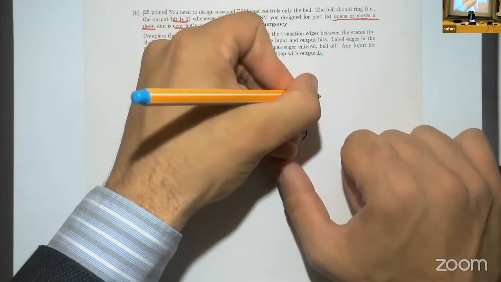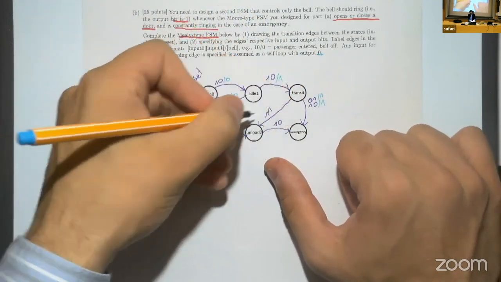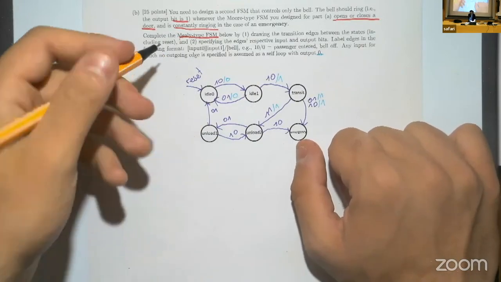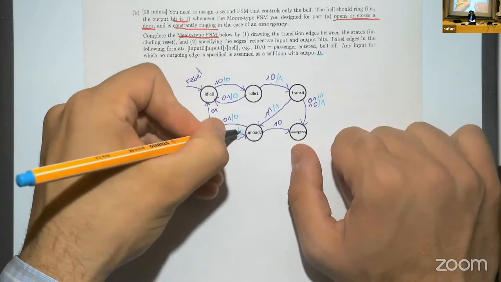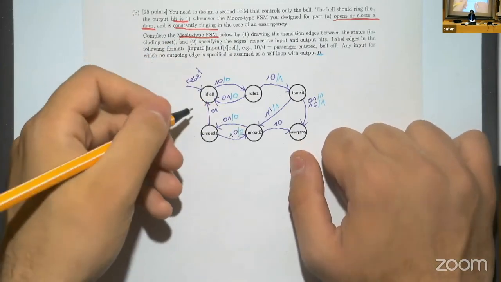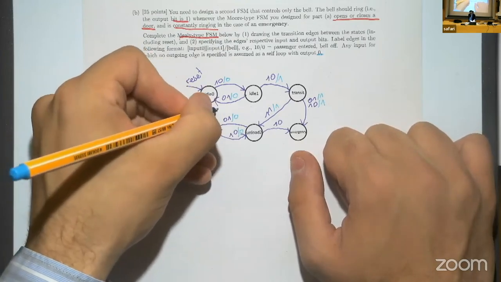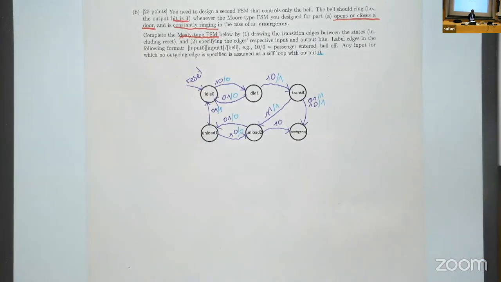So certainly both of these should be an output bit 1. If you go from transit into unloading, you should have a 1 because we open the unloading door B. Between unload states, again, nothing changes, so no bell ringing. And between unload and idle, we do have a bell ringing because we close door B and we open door A.